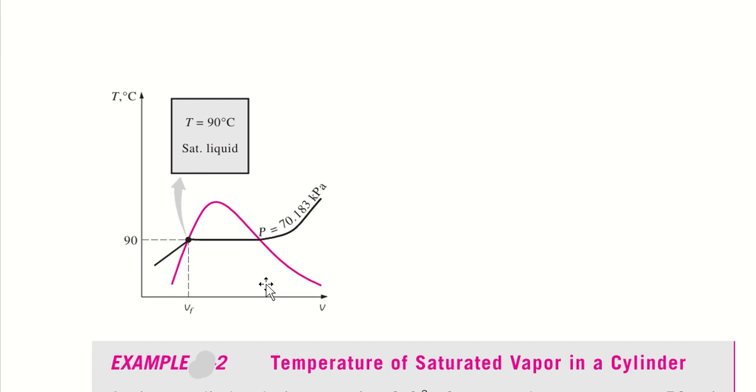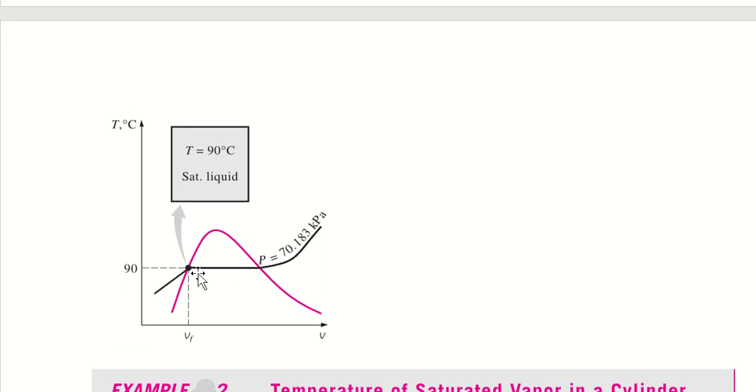And the interpretation is, we have a saturation temperature as 90 degrees. So for temperatures below 90 degrees, they will change the temperature of the water. They will increase it along this line. For that specific pressure, 70.183 kilopascals, any temperature below 90 is just going to increase the temperature of the water.